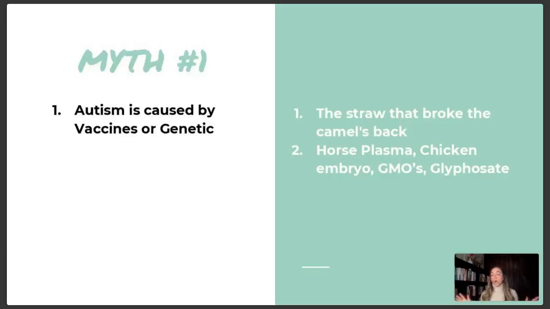But beyond all of that, I think the most important thing to understand is that when a vaccine causes problems, it's because it was the straw that broke the camel's back. It is not necessarily the sole reason for a specific issue. So what I mean by this is, say your child was born with mercury toxicity because it was passed down generation to generation.